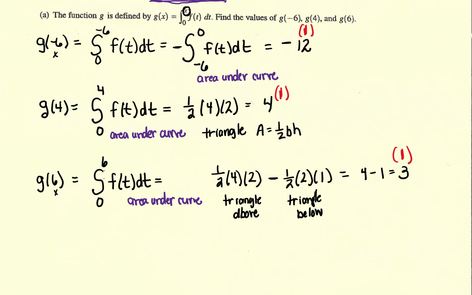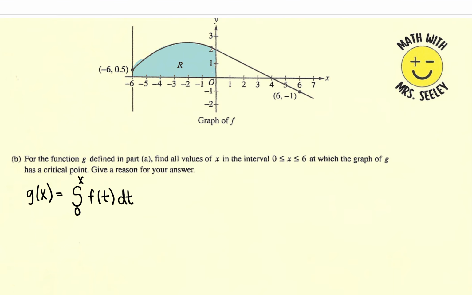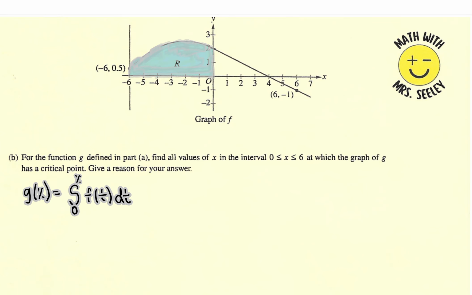All right, let's take a look at B part. I went ahead and put that graph so it'd be right there, we could see it again. B part says, for this function g defined in A, and this is what g is, I went ahead and rewrote it for us so that we would have it close by. It says find all the values from 0 to 6, where the graph of g has a critical point.